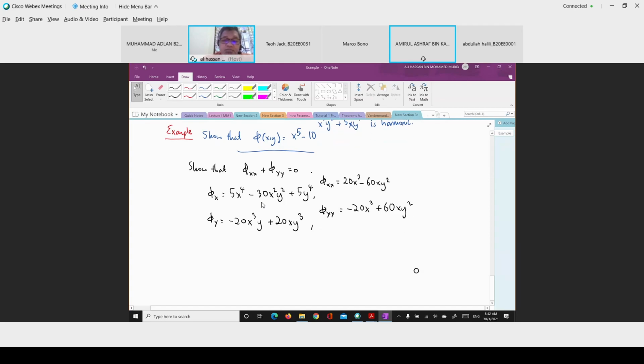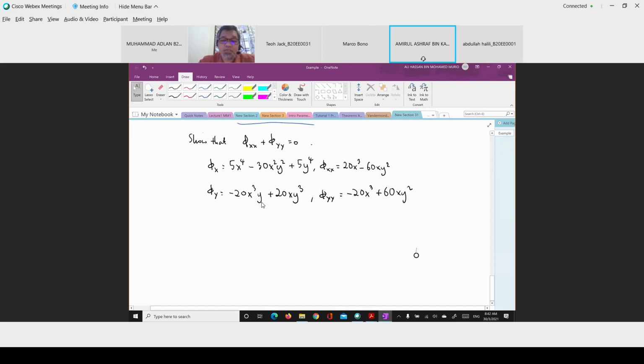So now if we add up phi partial x x and phi partial y y, it is equal to 0, right? So therefore, phi is harmonic. Yeah, therefore phi is a harmonic function here.